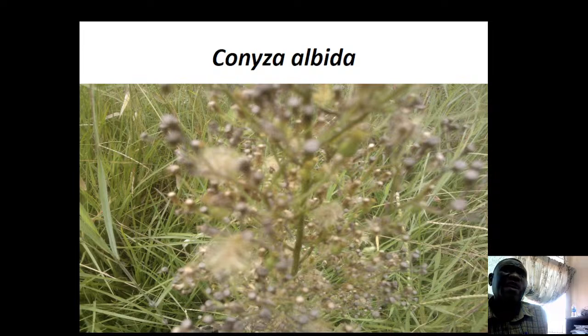This is Conyza albida with those fluffy seed heads. Actually, they have parachute-like structures.